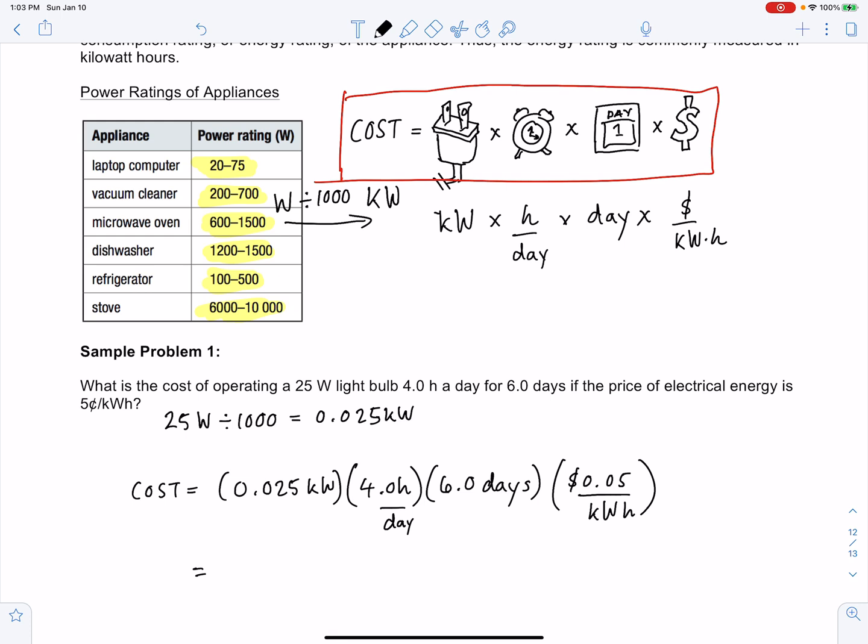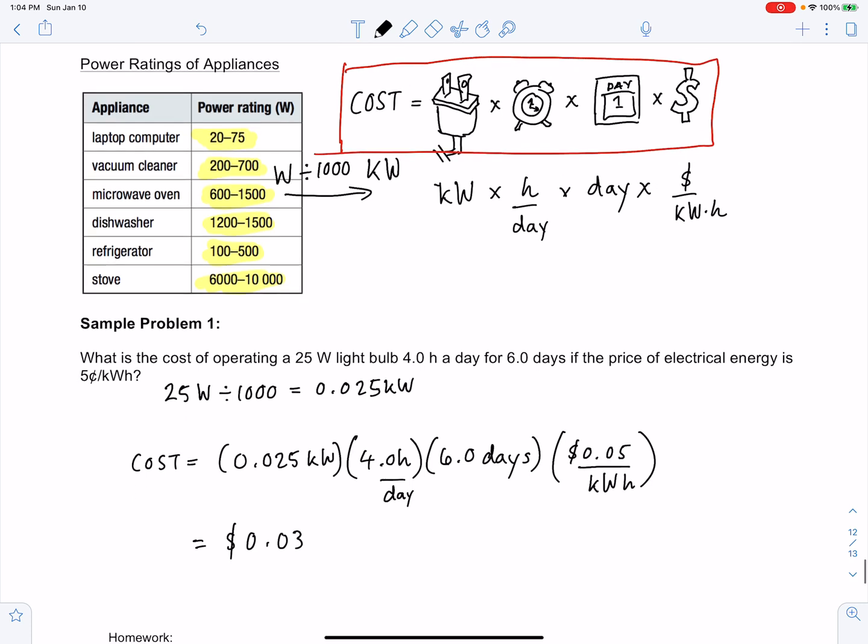If you punch this together, you end up with $0.03, or 3 cents.